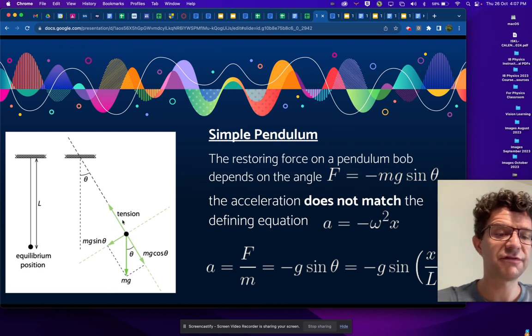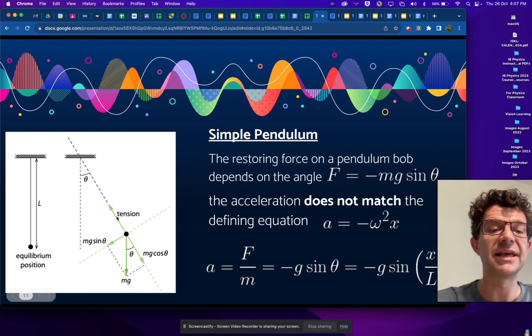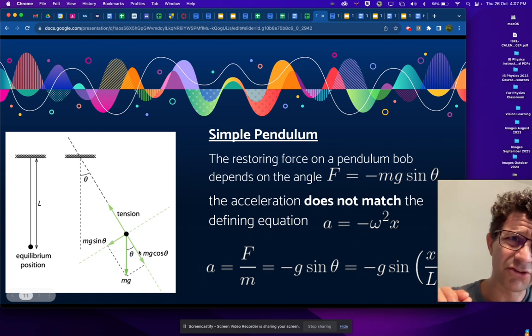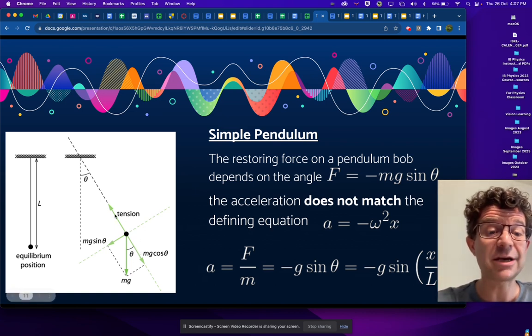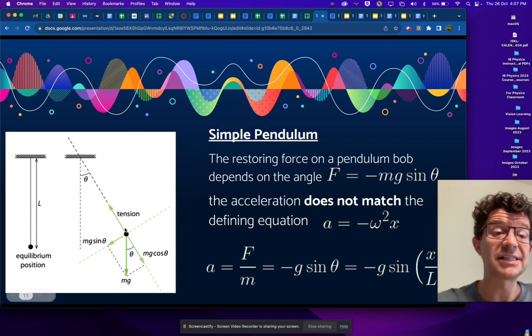If we look at the tension force and we look at mg, you can break the force of gravity into two components. The tension will be related to mg cos theta. Just a quick little side note as a hint, the tension is only going to be equal to mg cosine theta at the maximum displacement.